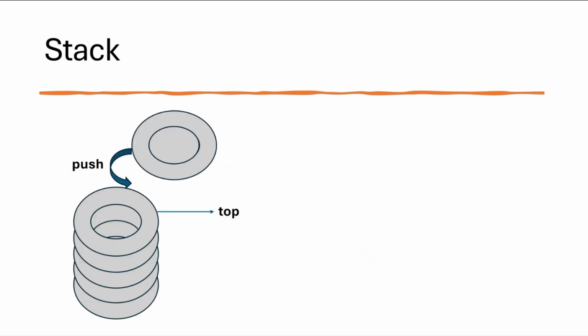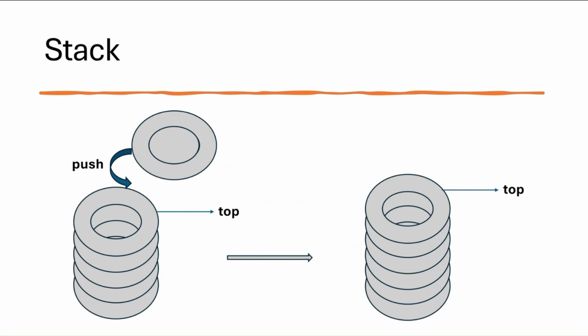Now if a new plate is added to the top, then that new plate will be the top plate. Whoever comes after you will pick up the new plate from that stack because that is the top of the stack now. So the last plate which is added to the stack will be the first plate removed by anyone who is coming to the cafeteria.